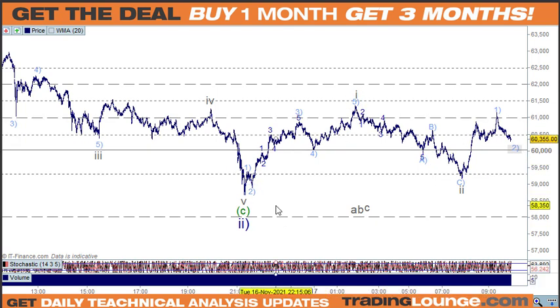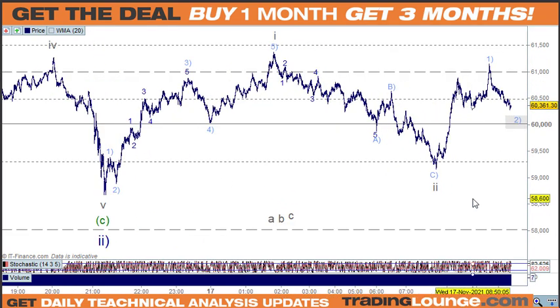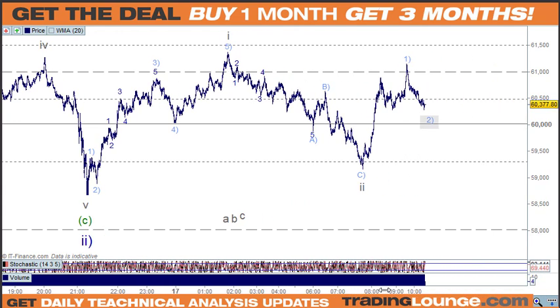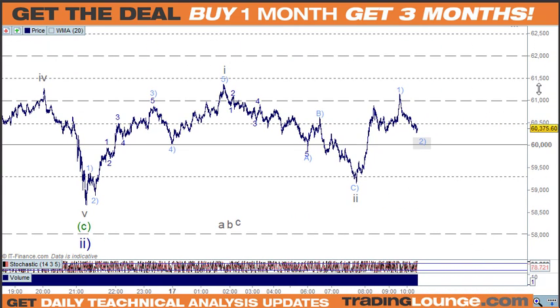But there's a lot of downside momentum coming down here that needs to be soaked up. So I will sort of accept it being a little bit larger for that reason. So then this move here would be wave 1 and 2 in here, and 3 here, and 4 here, and 5 here.